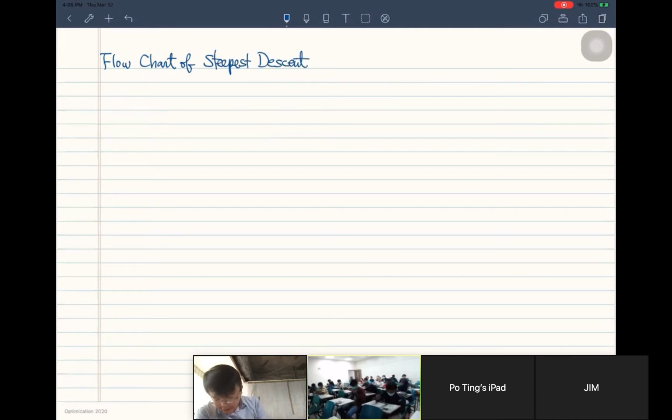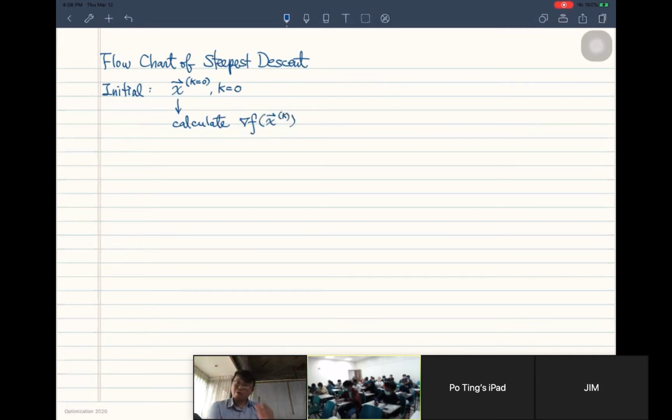So initially, I have a vector x k, with k equals 0. Same as Newton's method. And then you need to, of course, calculate your gradient. This you must do, okay? But you don't need to calculate the Hessian.